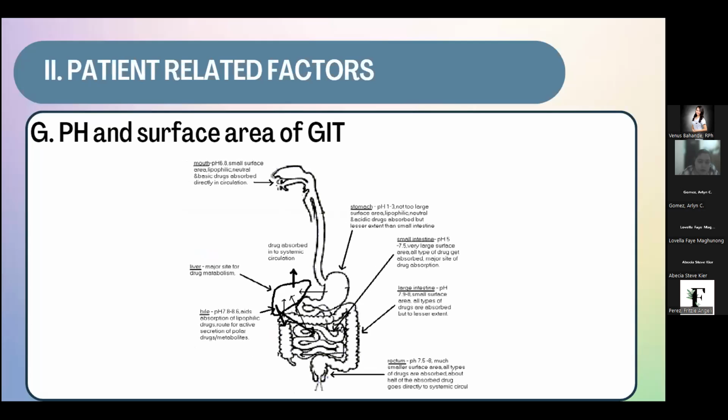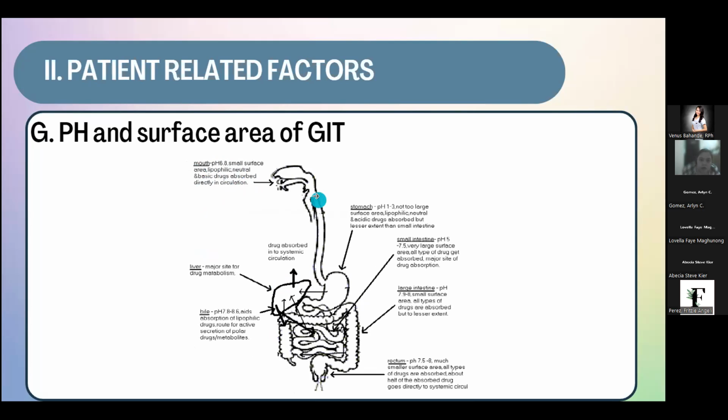And next is the pH and the surface area of the GIT. So the mouth has a small surface area, and lipophilic, neutral, and basic drugs are absorbed directly in circulation.